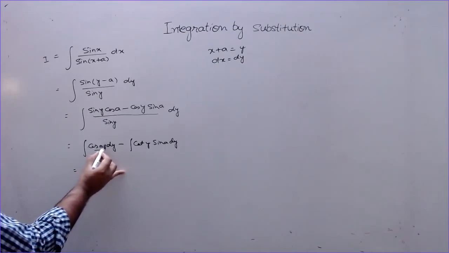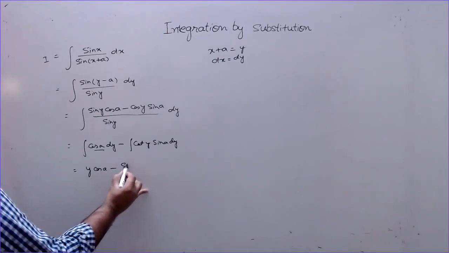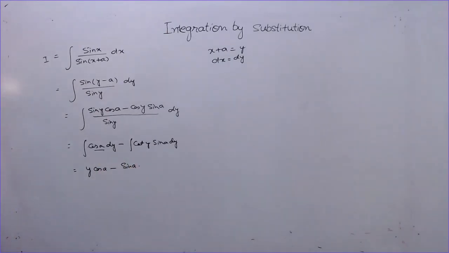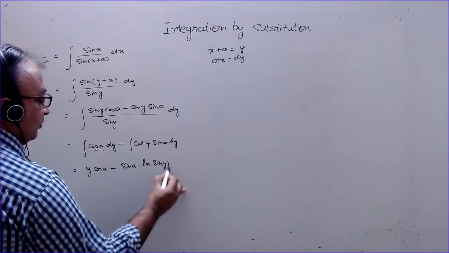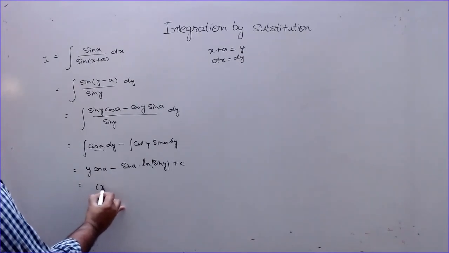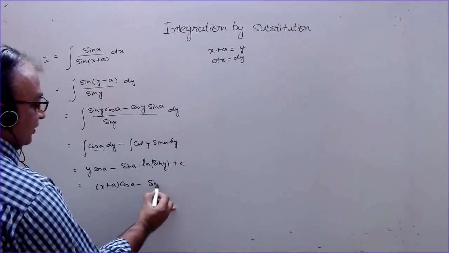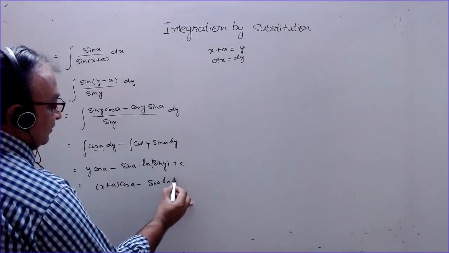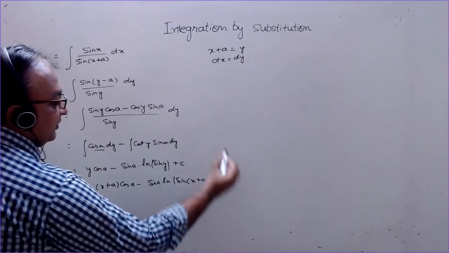So integral of dy is y cos a, minus sine a, which is a constant, and integral of cot y is equal to log modulus of sine y plus C. So you can put the value of y: x plus a cos a minus sine a log modulus of sine of x plus a plus C.